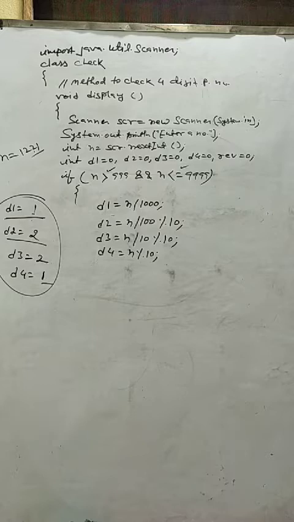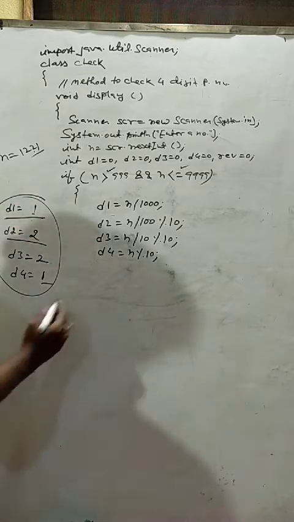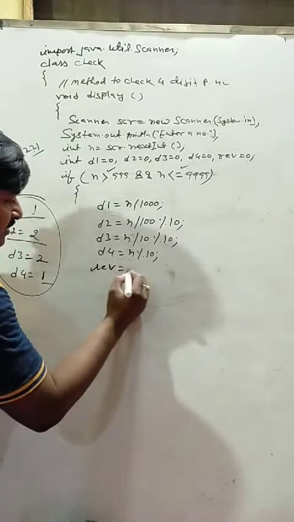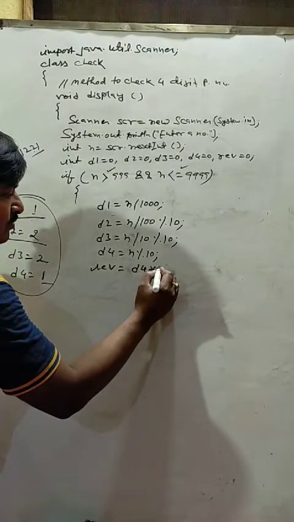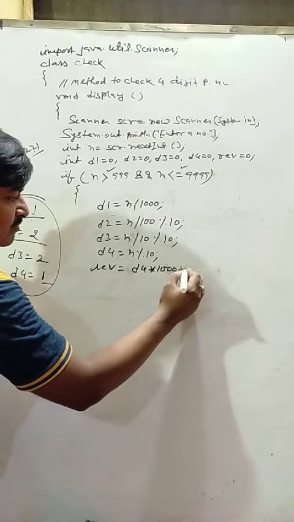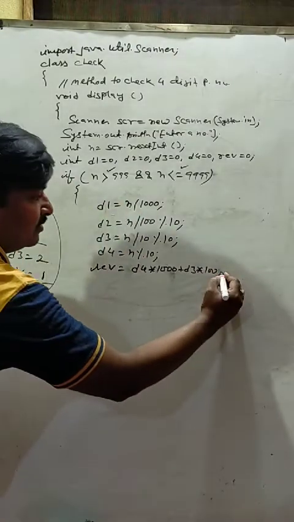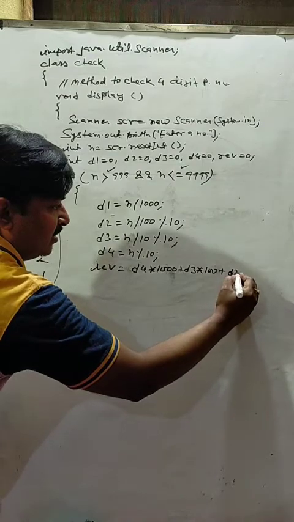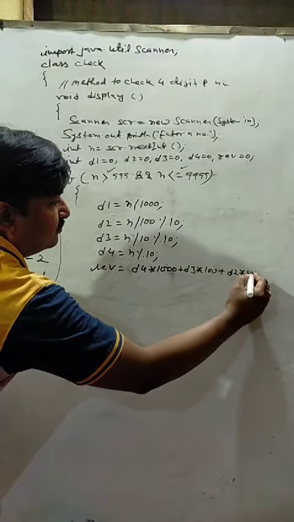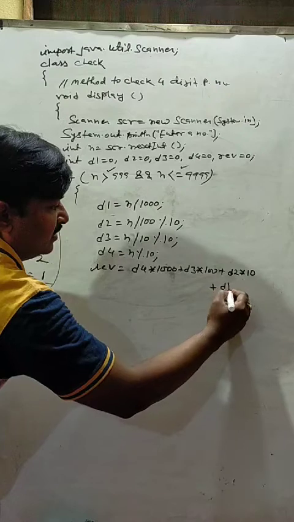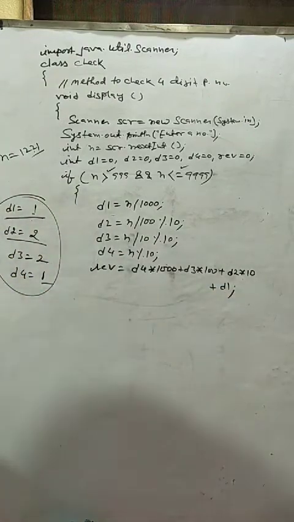Okay, so after extracting we will find the reverse. Reverse equal to d4 into 1000 plus d3 into 100 plus d2 into 10 plus d1.